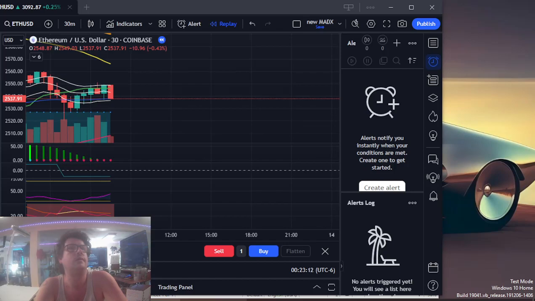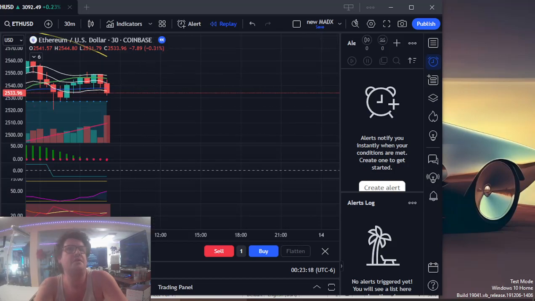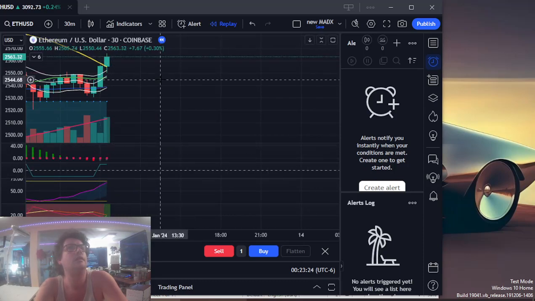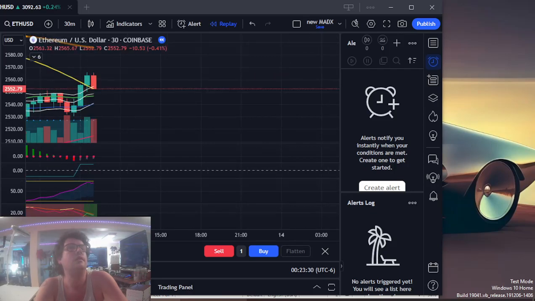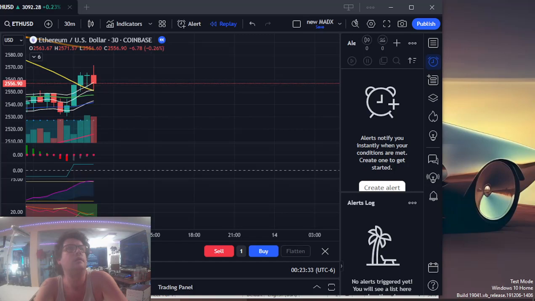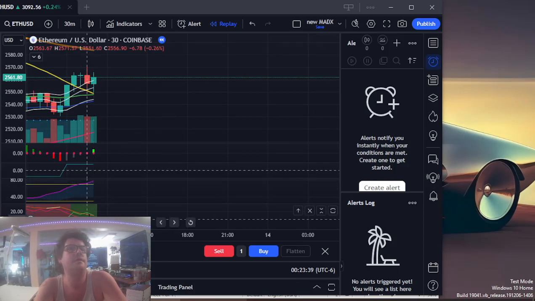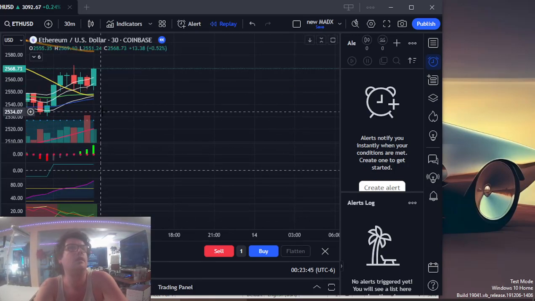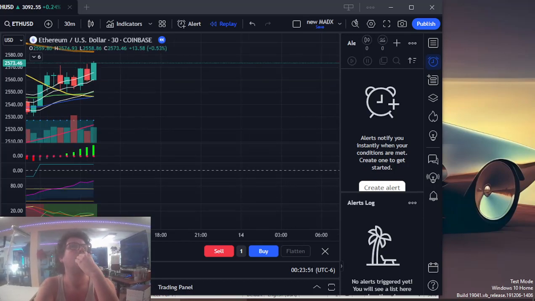Nope. It's going towards the supply-demand zone. One, two, three. 1, 2, 3. Nope. 1, 2. 1, 2, 3.